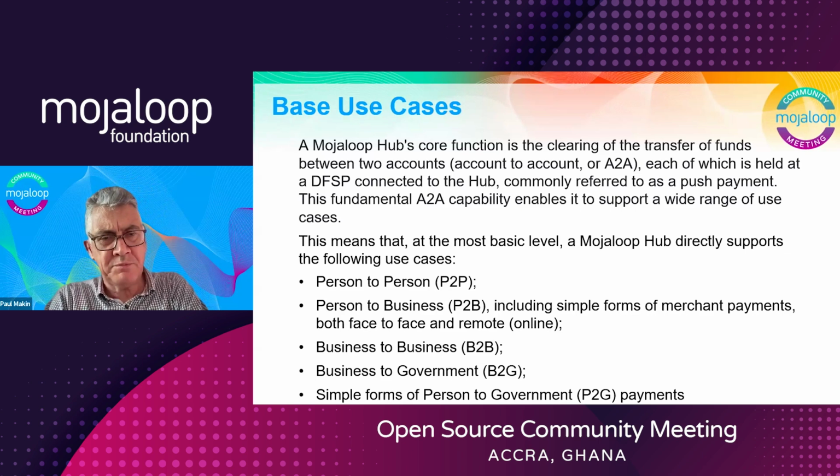So at the most basic level, a Mojaloop hub directly supports the following use cases: P2P, P2B, which might include simple forms of merchant payments, business to business, business to government, and simple forms of P2G payments. They're all basic account to account use cases.